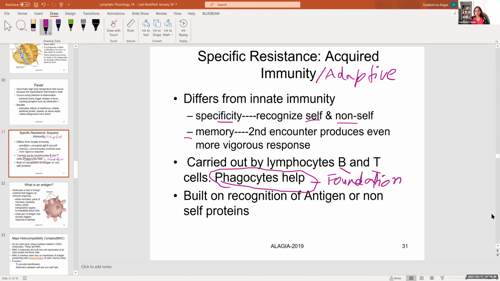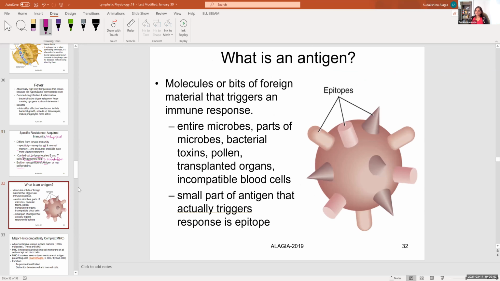This is all built on recognition of antigen, which is a name for a non-self protein. That non-self protein is often on the surface of the virus or the bacteria, all kinds of pathogen. So quickly, what is an antigen? Antigens are basically fragments of foreign material that trigger an immune response.